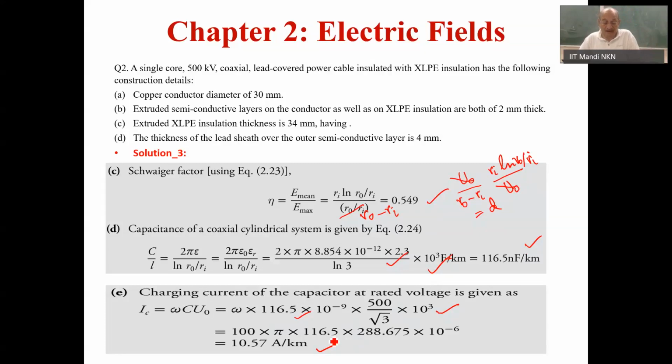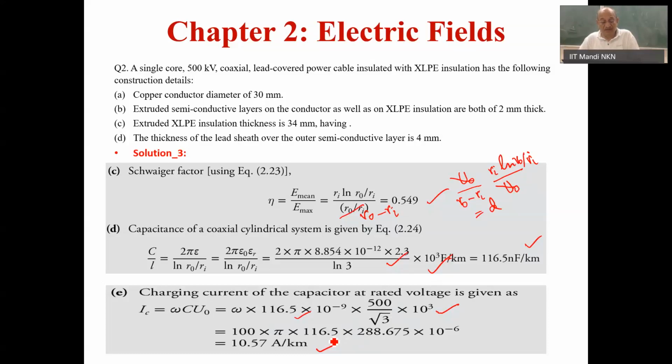which is a fairly large magnitude of charging current. What kind of current would it be? It'll be a totally capacitive current, and the capacitive current leads by 90 degrees to the current flowing in the resistance.